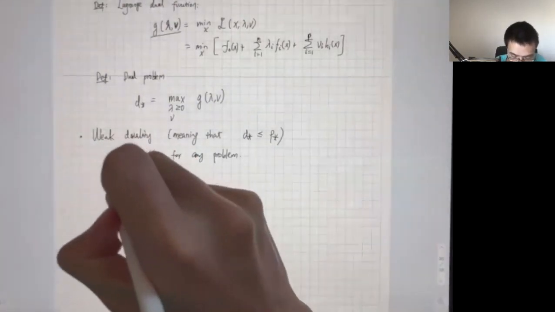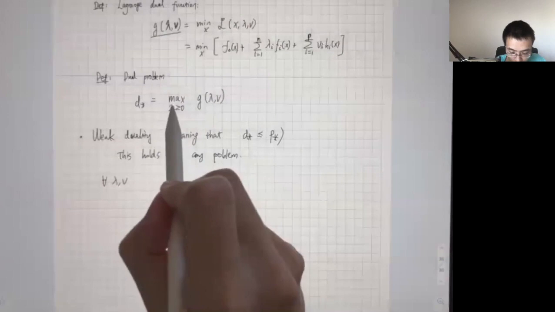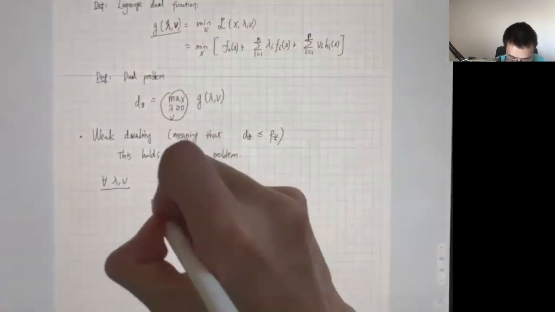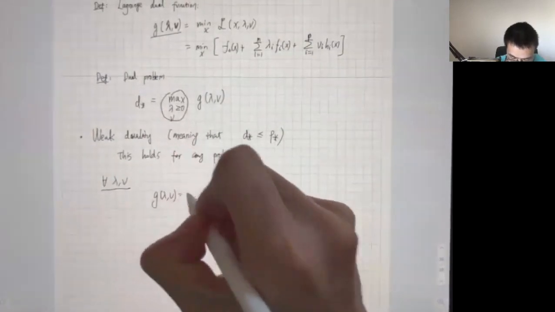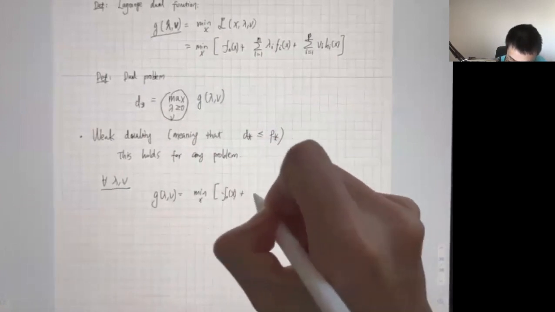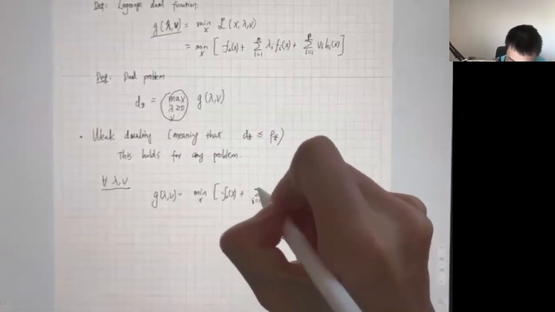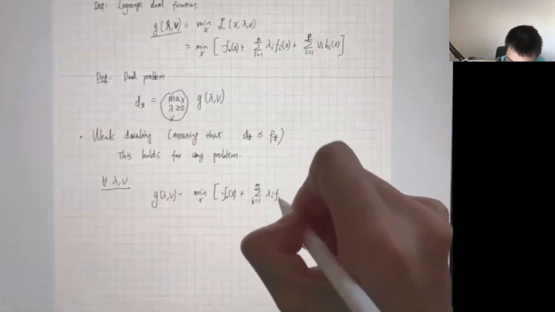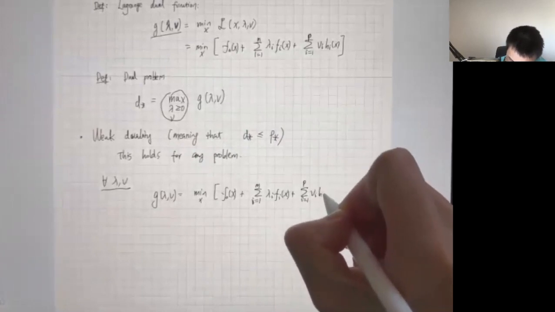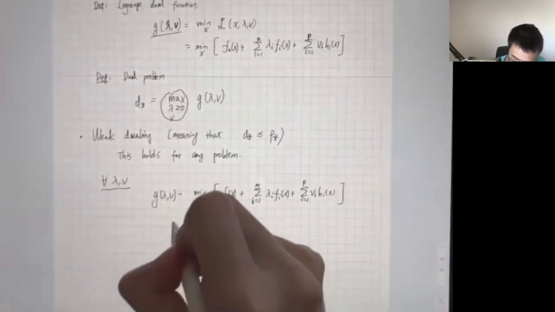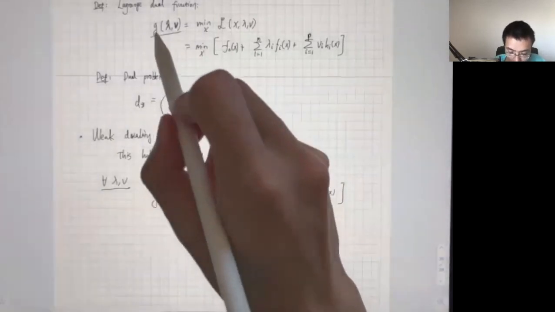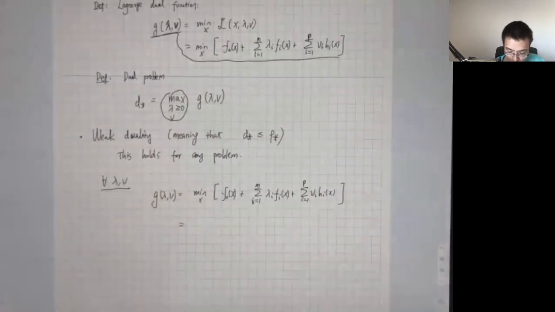So I say for any lambda and nu, I'm taking the maximum, but I'm just showing for any lambda and nu, then g of lambda, nu is this function. Right, so this is just the definition of the Lagrange dual function.